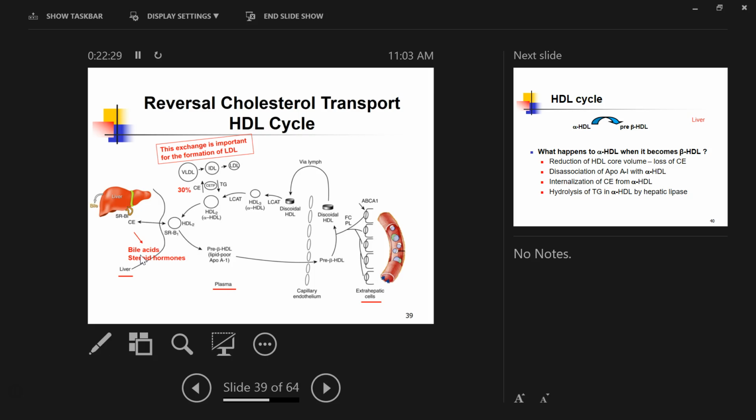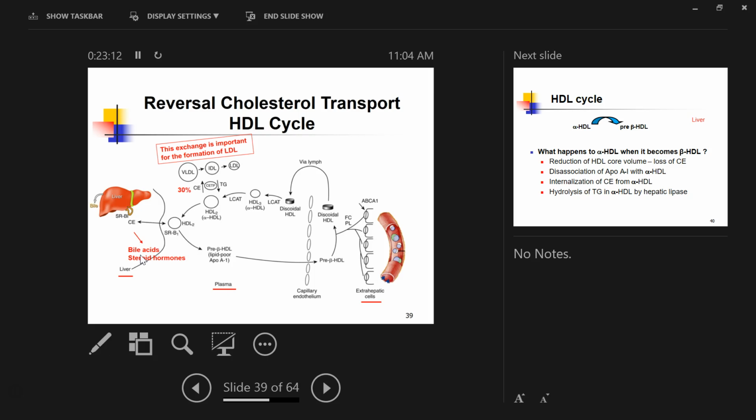Again, this is the liver and the peripheral tissue, the arteries, and between these tissues, all these things are actually happening in the plasma, the circulation. So first of all, let's start with the beta HDL. It is an empty truck, and it tries to get the lipids from the peripheral tissue. On the peripheral tissue surface there is ABCA1, which controls the transport of lipids from the peripheral cell to beta HDL.